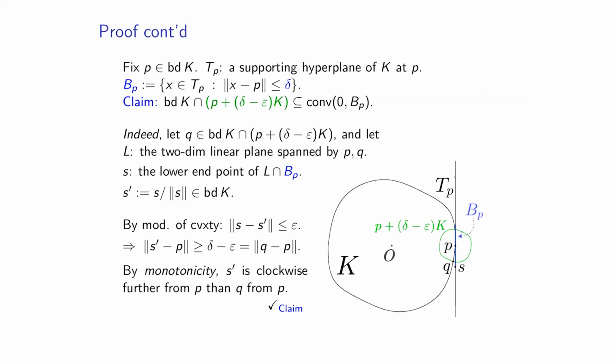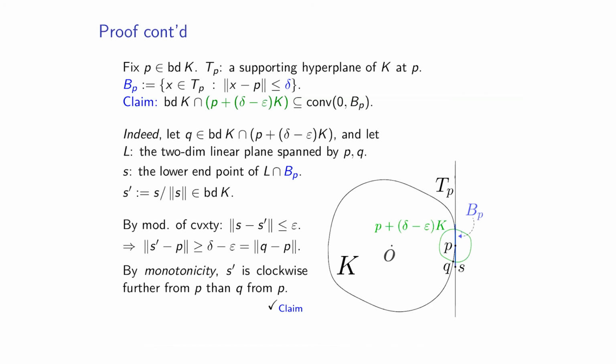Actually, I do not understand why you have such a construction. Why Q? Is it possible that Q belongs to the arc between S prime and P?